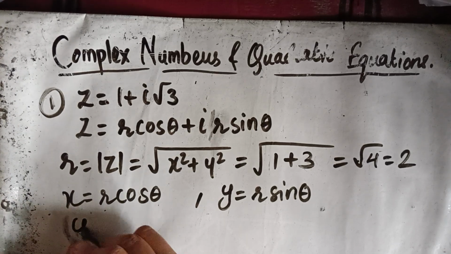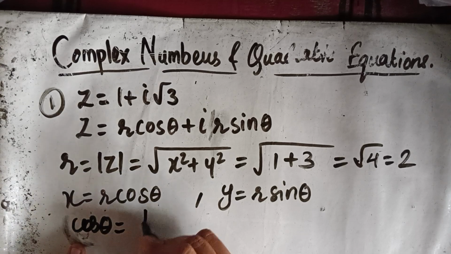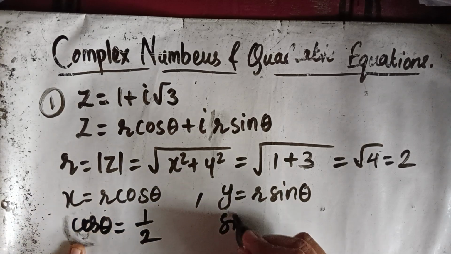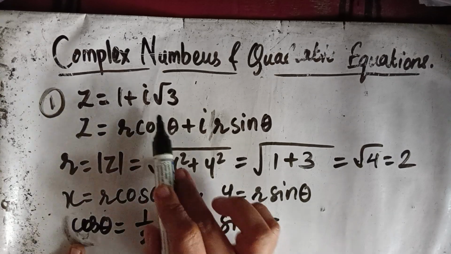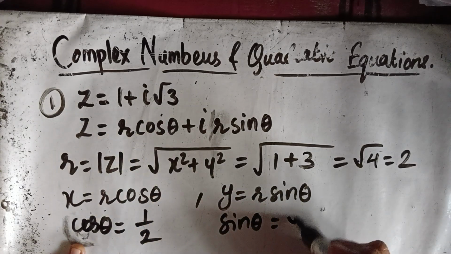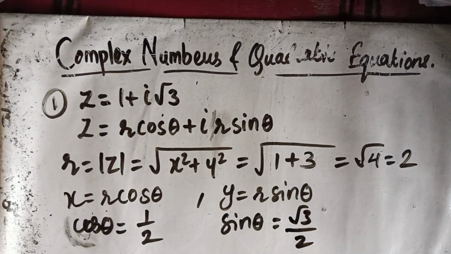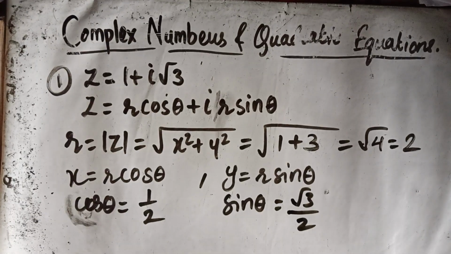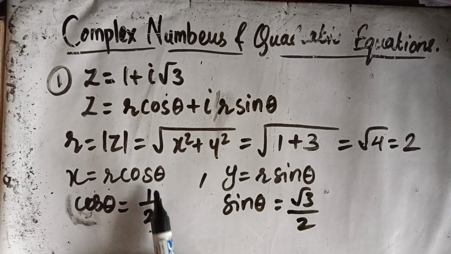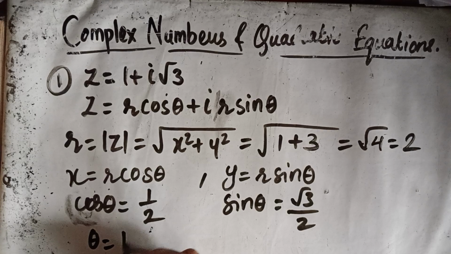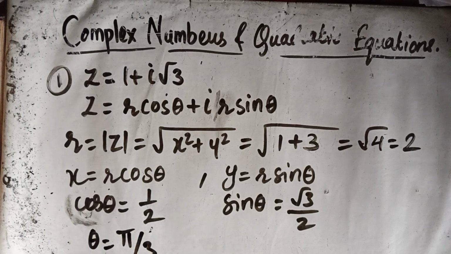So cos theta is 1 upon 2 and sin theta, y, is root 3 by 2. Okay. So we know the value for which cos theta is half, that is 60, right? So theta is 60, that is pi by 3.